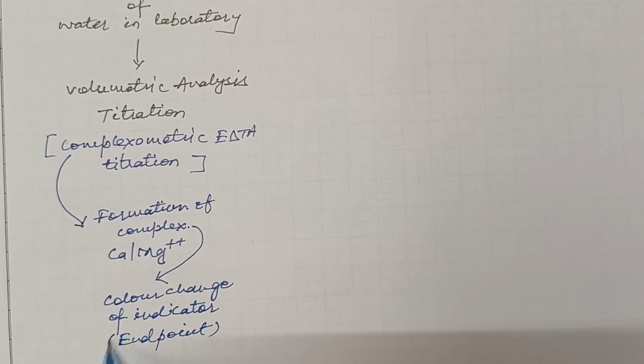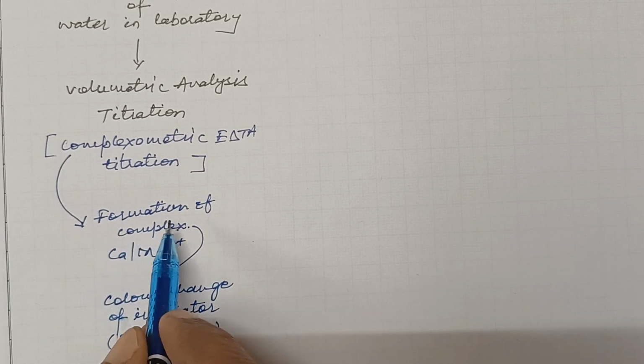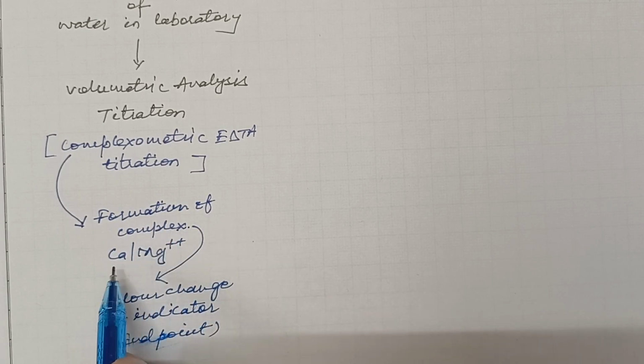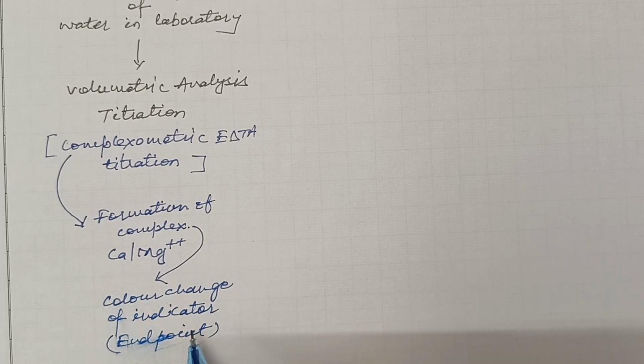So the endpoint comes due to the formation of a certain complex, and this complex is formed by the calcium or magnesium ions present in a water sample, and the indicator plays a significant role here, giving the information that the endpoint has come.